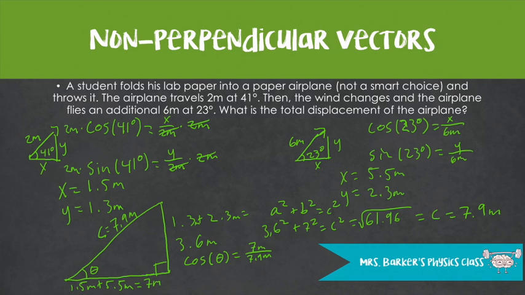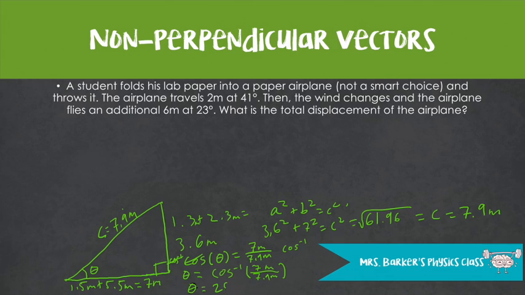Now in order to get theta by itself, I need to do the inverse, the opposite of cosine to both sides. So theta equals the inverse of cosine, 7 meters over 7.9 meters. So theta is approximately 28 degrees. So my final answer should be the total displacement of the airplane was 7.9 meters at 28 degrees.